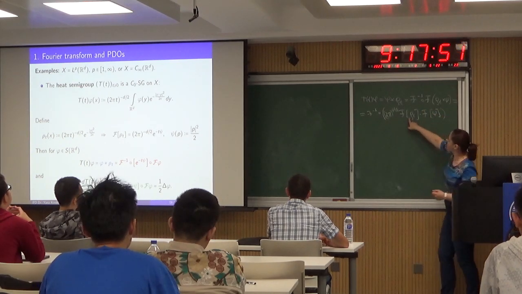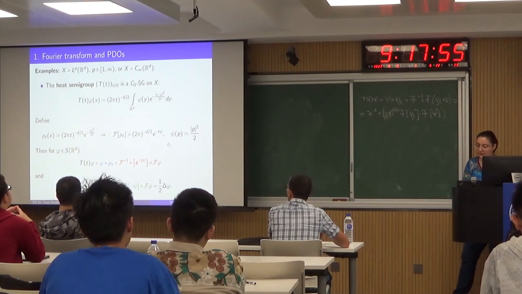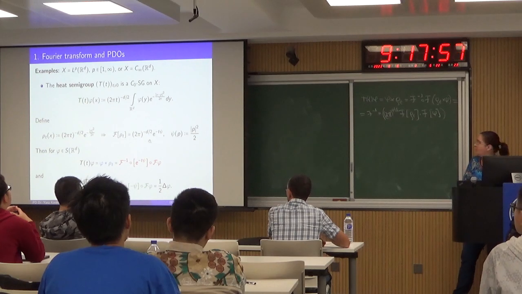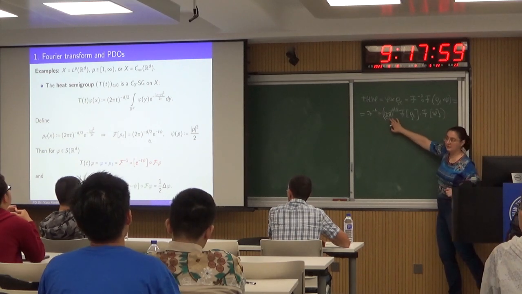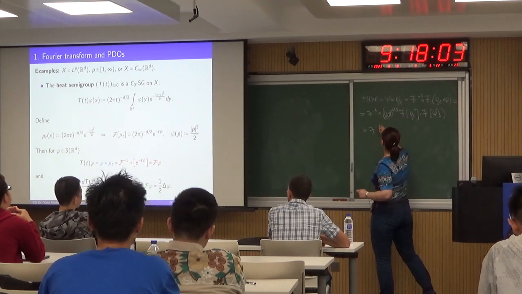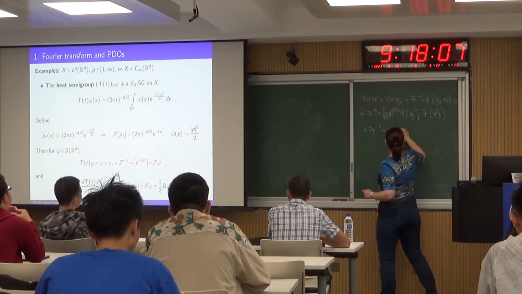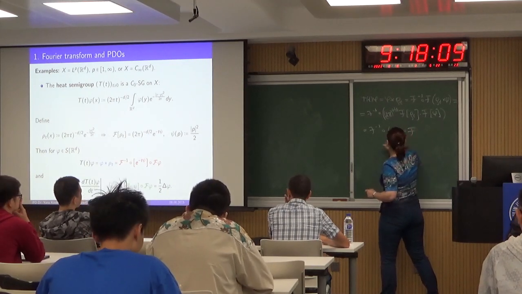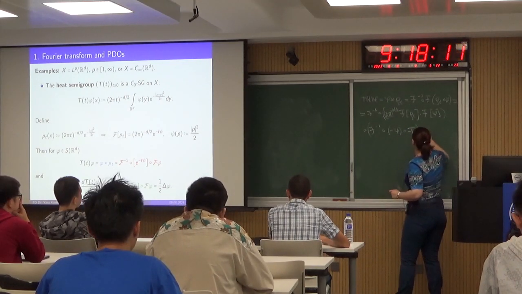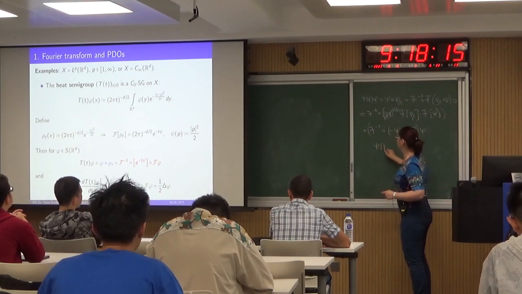But I know the Fourier transform of rho t, it is this function, so this constant will cancel this constant. And in total, we obtain the inverse Fourier transform of the symbol times the Fourier transform of phi, where psi is exactly as we have discussed already.